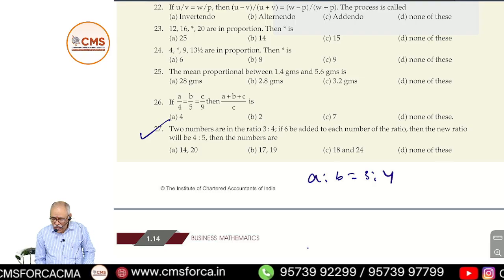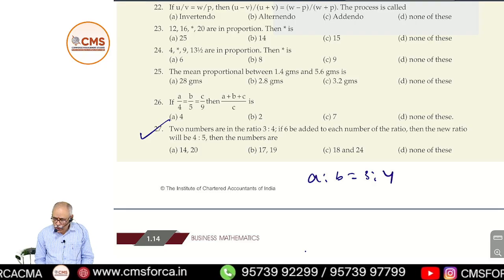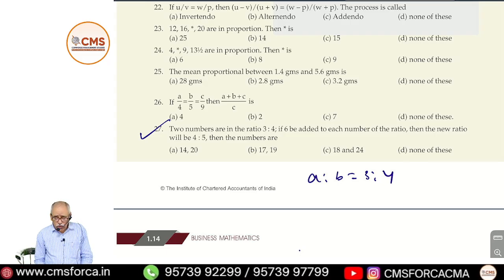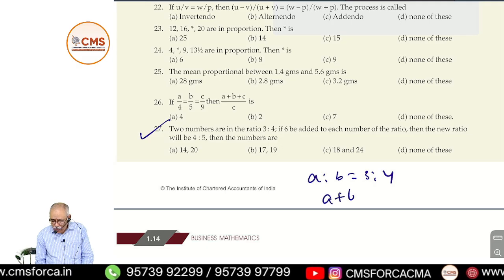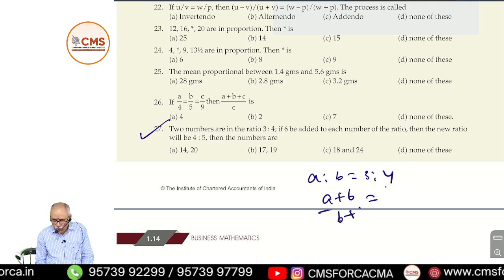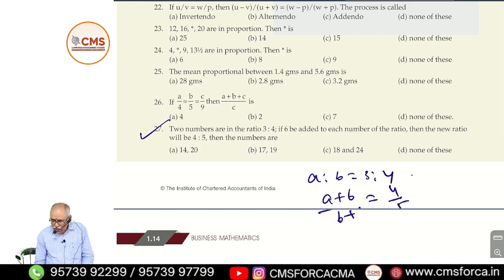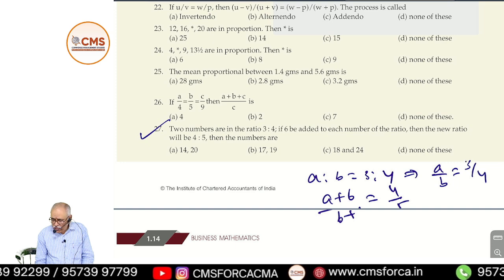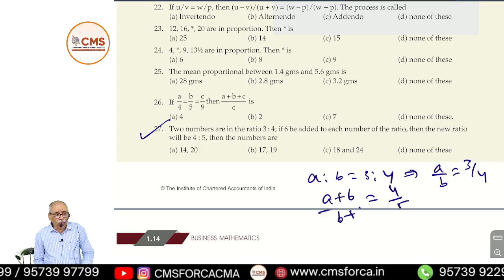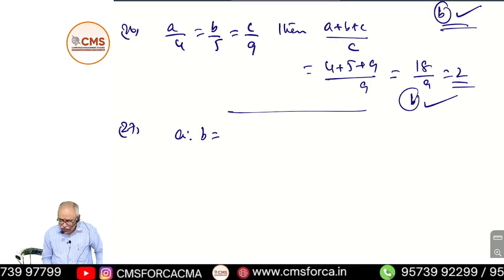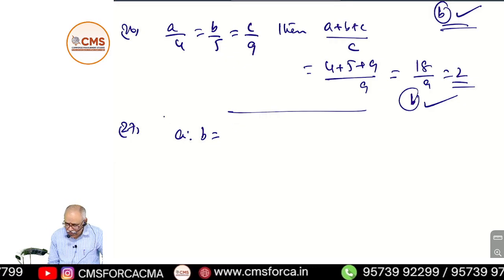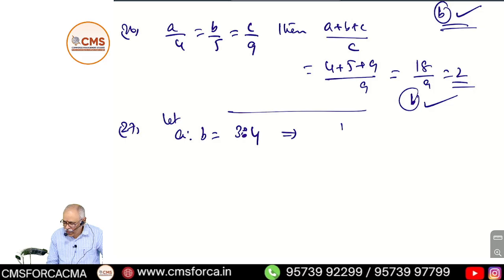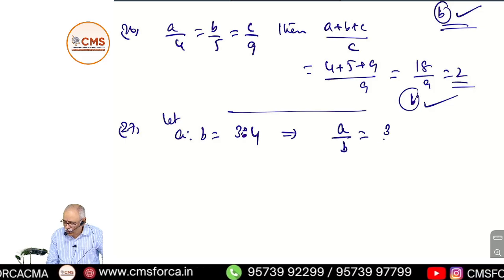If 6 is added to each number of the ratio, then the new ratio will be 4 is to 5, that is a plus 6 by b plus 6 is equal to 4 by 5. From the first one, what can we write? a by b equal to 3 by 4. I will write on this whiteboard. a is to b equal to 3 is to 4, that means a by b equal to 3 by 4.